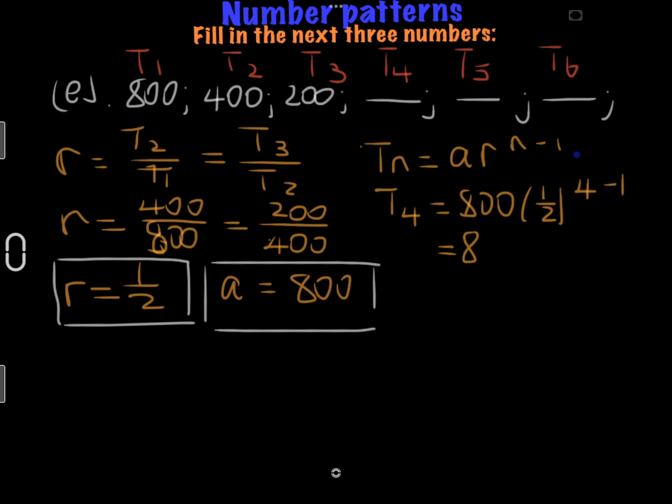So I have 800 multiplied by a half raised to the third power in this case. Go ahead and check how much you get. If you raise that to the third power, you still get 100. So that is for term 4.